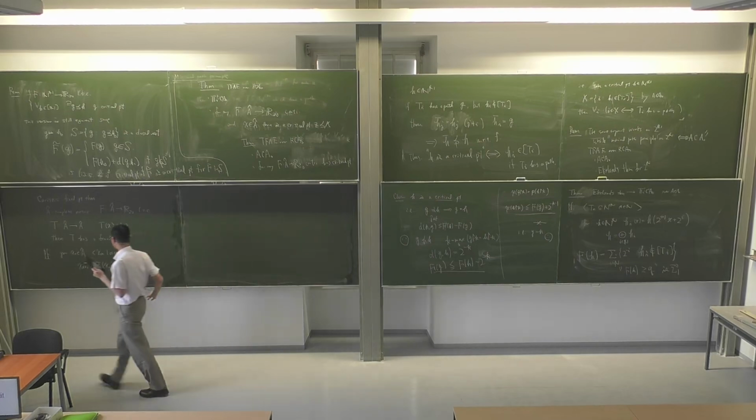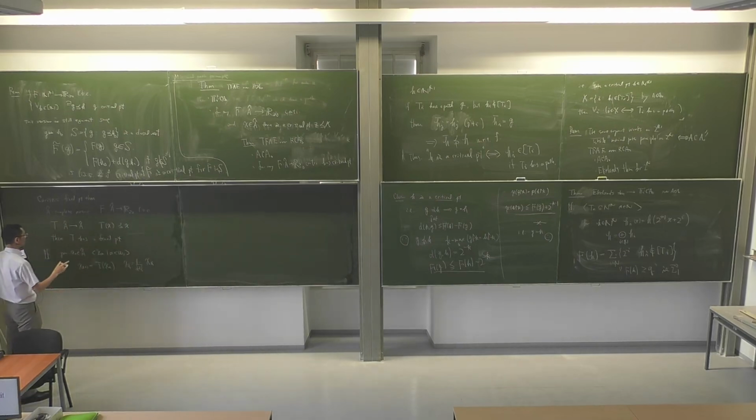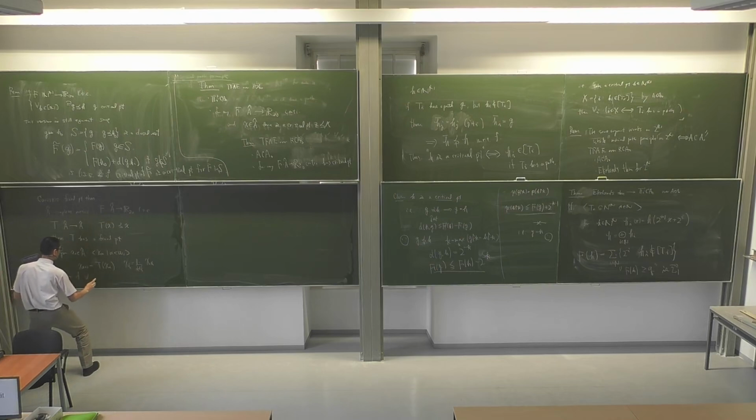And then we can easily check, by the lower semi-continuity of F, that if alpha is bigger than beta, then F of x alpha is always below F of x beta. So the value of F is decreasing on this sequence.